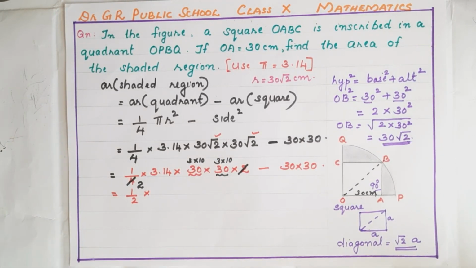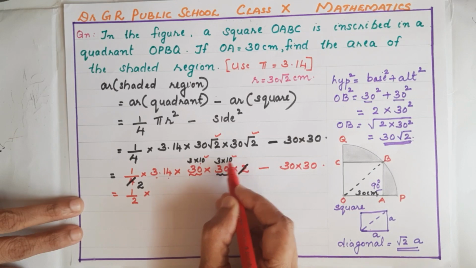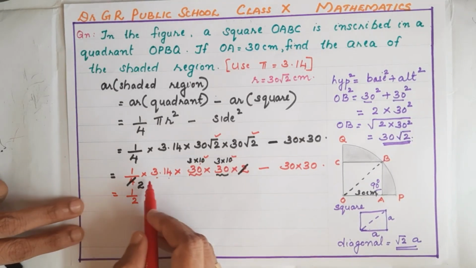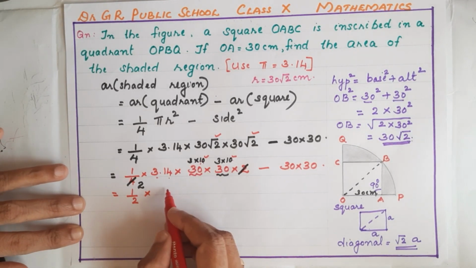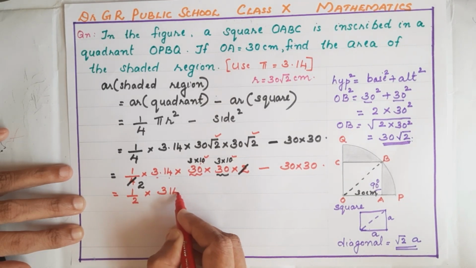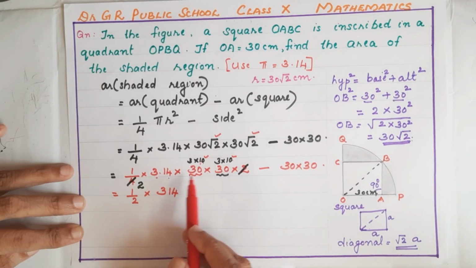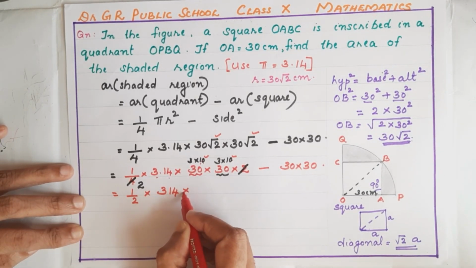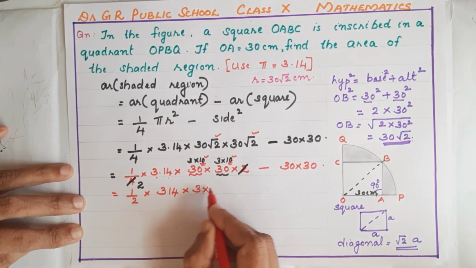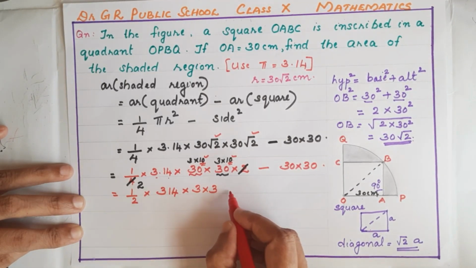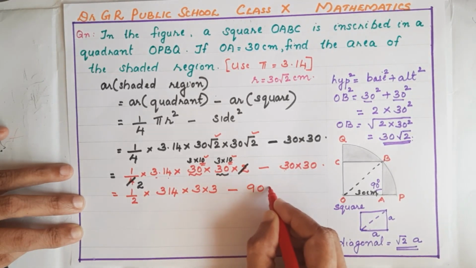What is 3.14 into 10 into 10? 10 into 10 is 100. 3.14 into 100 is 314. You can do the calculation in any way, but I am explaining this for your easiness. Now what is remaining? 3 into 3. Minus, what is 30 into 30? 3 into 3 is 9, then 2 zeros.